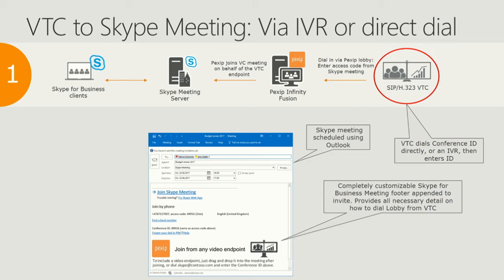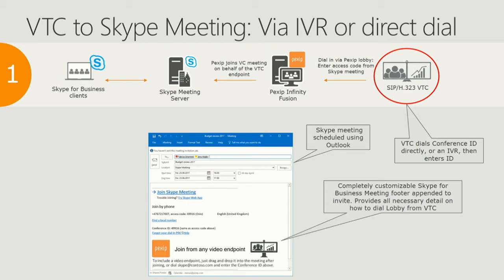In this case, the VTC will either route directly to Pexip or through its current call control. Pexip would resolve the meeting with the Skype for Business server and connect the VTC endpoint into the meeting. So this is the connection initiated from the VTC side.